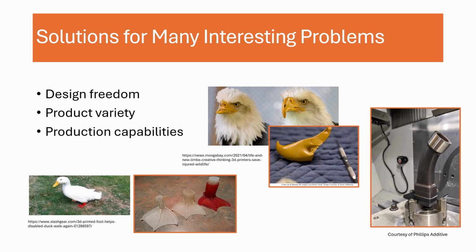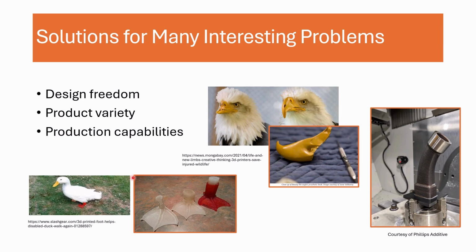We have many interesting problems that have been resolved using different additive manufacturing processes. And here's an example of a couple that are a little different. We have a duck that is minus a foot and is now styling it. This duck has mobility now because there are new feet that have been built to suit.